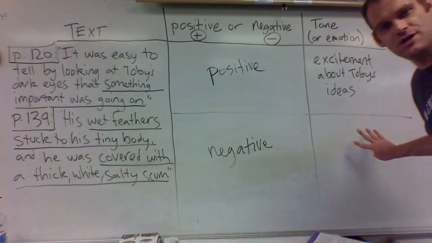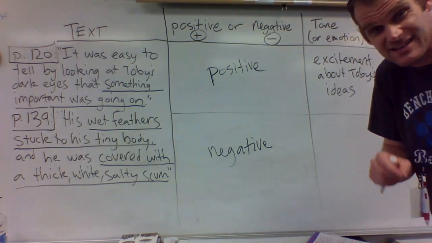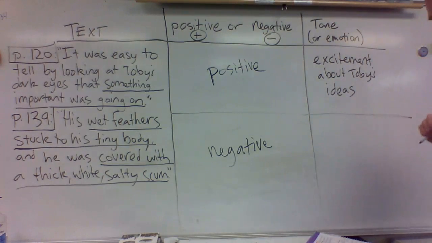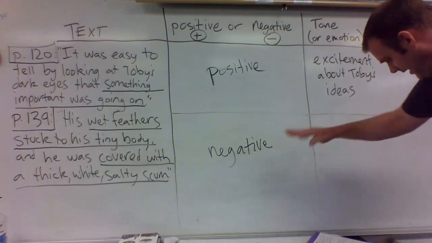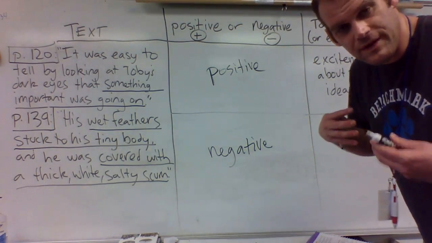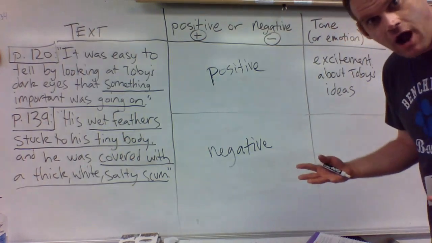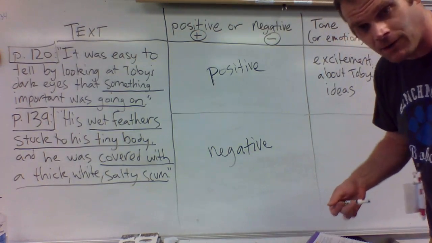What kind of emotion are we trying to invoke? What kind of emotion is the author trying to invoke? What is the tone or the emotion? Well, I believe here, when people see this bird, there's a sense of alarm in the book, right? They're kind of shocked by how pathetic this bird looks.